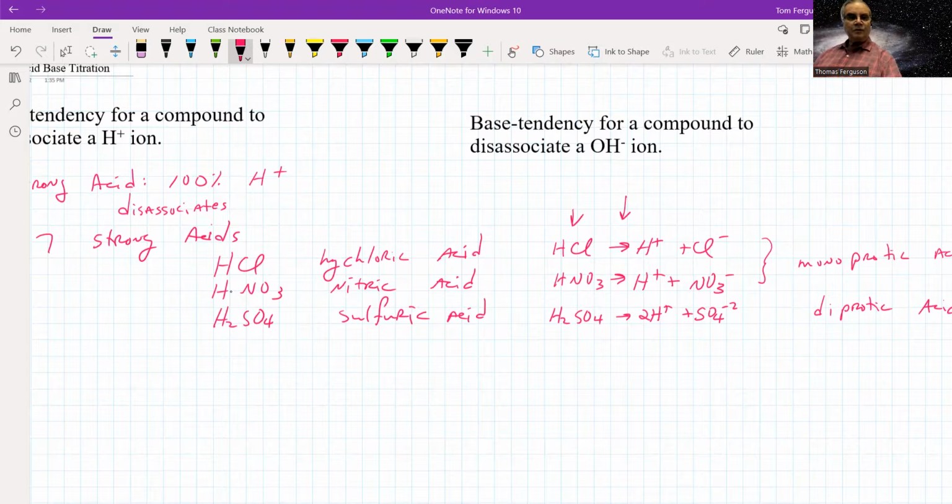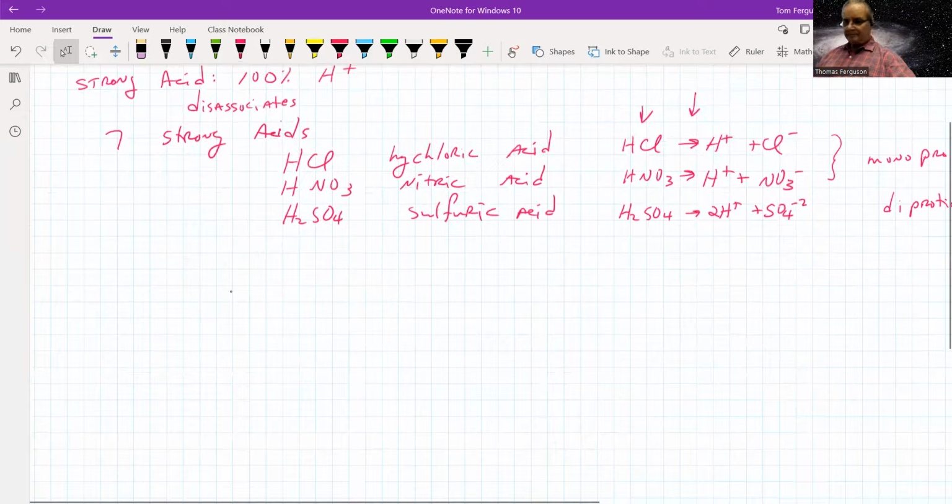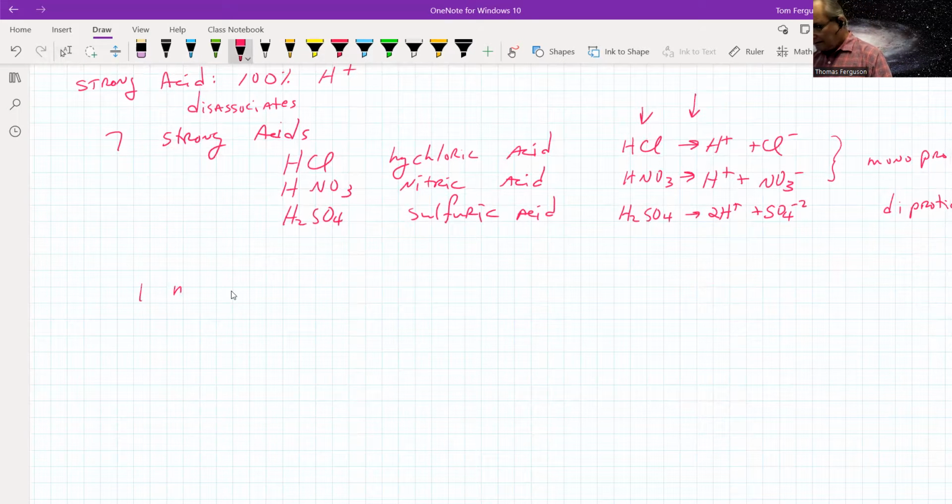Okay, in the case of a weak acid, there are millions of weak acids. You have to memorize those by next week. No, okay, so an example of a weak acid would be vinegar.